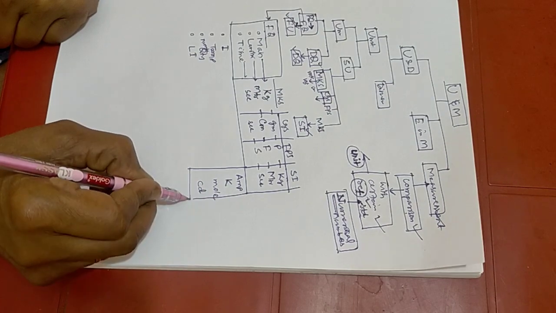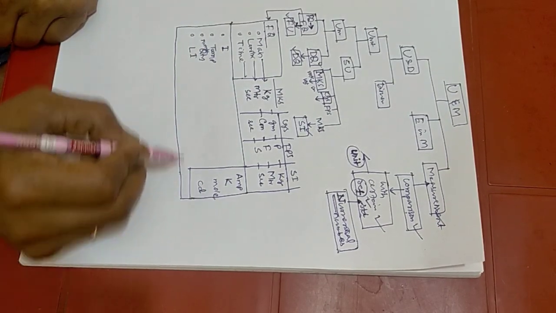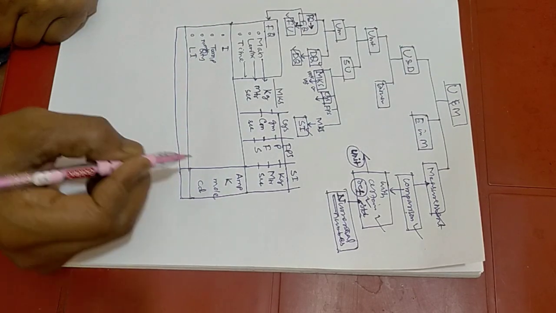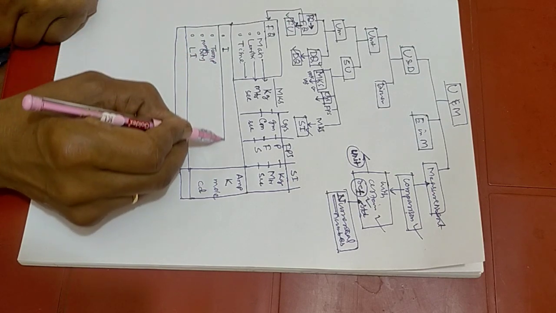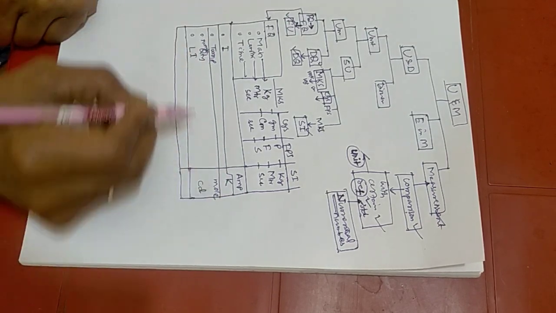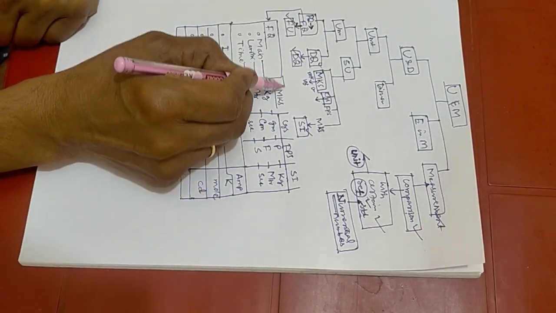Seven fundamental quantities are considered in SI, and accordingly we have 7 units.